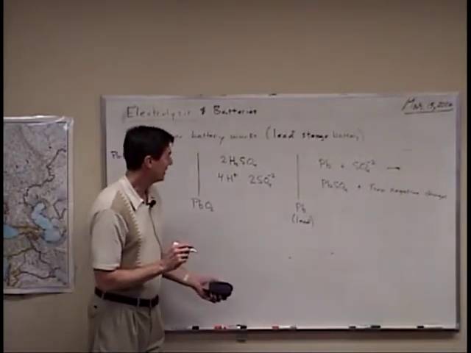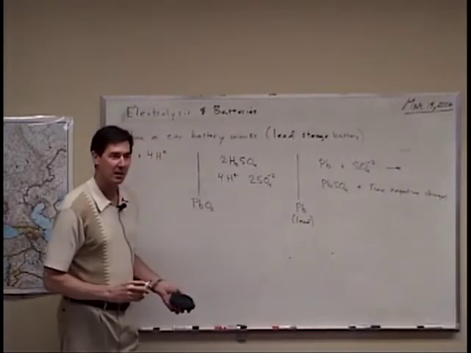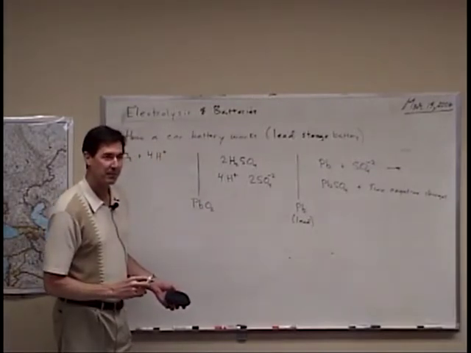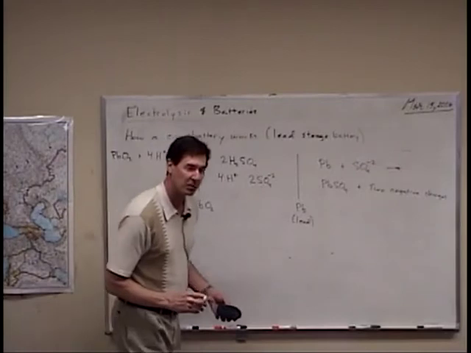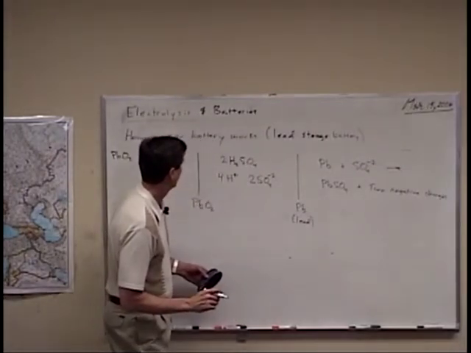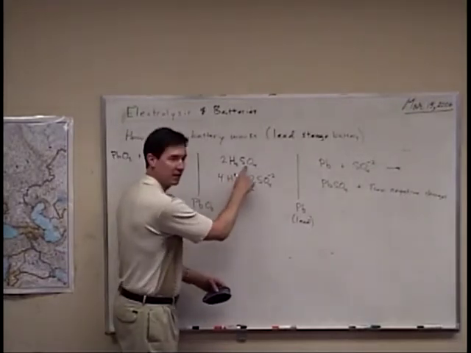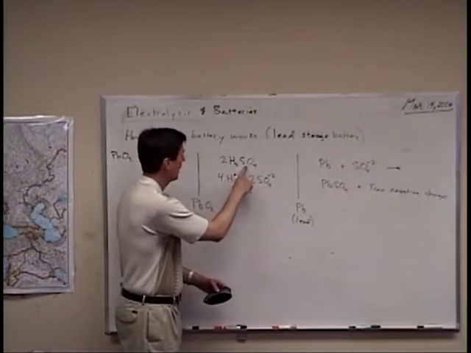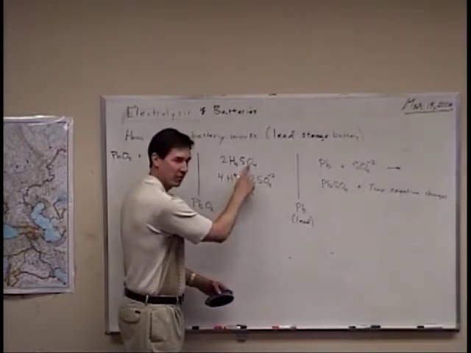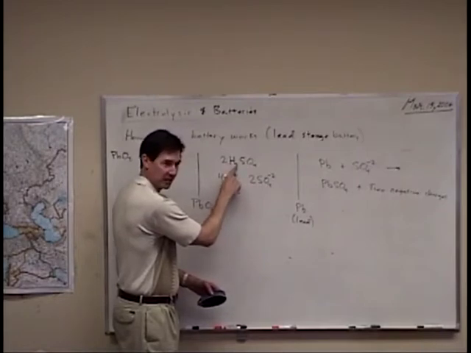Okay, now you take this, yeah. If you have 2 of these hydrogen sulfur oxide molecules, that's going to be a total of 4 hydrogens, right?